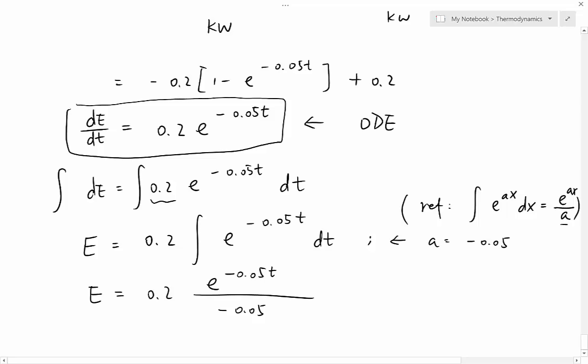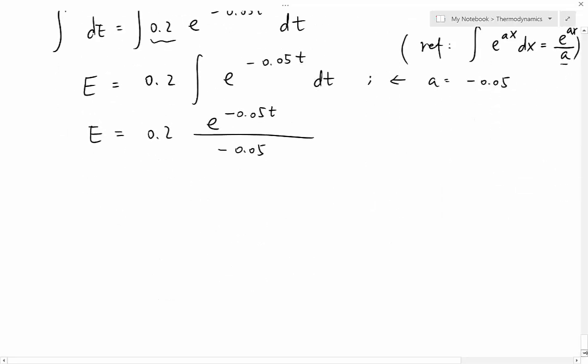That's it. Now to simplify it, don't forget, because we're integrating without limits, you have to add a constant to your solution. To simplify, our solution is E is equal to negative 4 times e^(-0.05t) plus a constant.